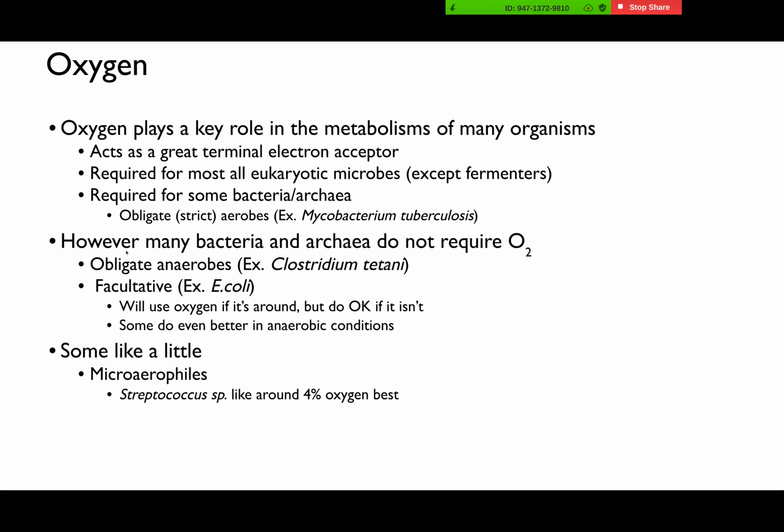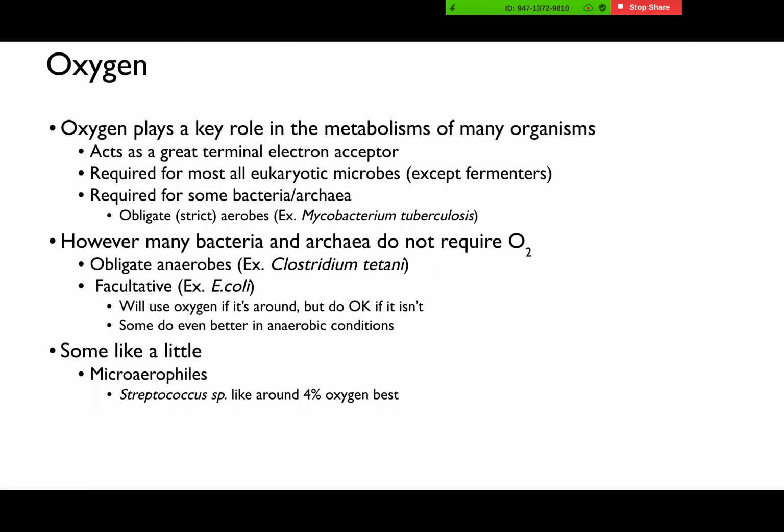And so we have what we call obligate anaerobes, meaning they always need to be in the absence of oxygen to survive and to live. An example of this would be Clostridium tetani, the bacteria that causes tetanus. In addition, we also have microorganisms that are facultative. E. coli, the microorganism we talked about quite a bit when we talked about gene regulation, uses oxygen if it's around, but it's okay if oxygen isn't around.